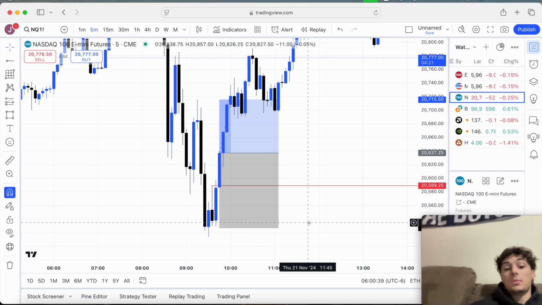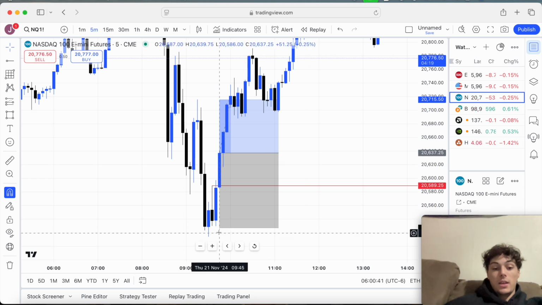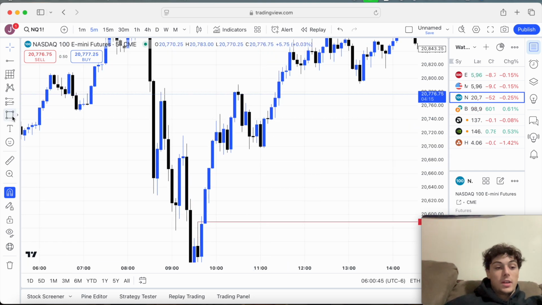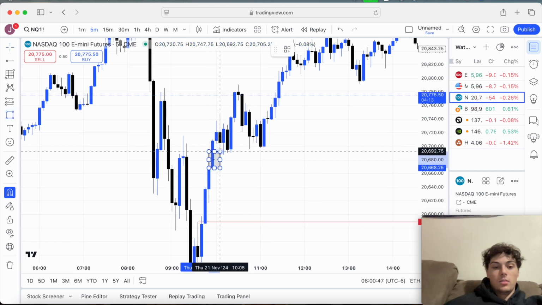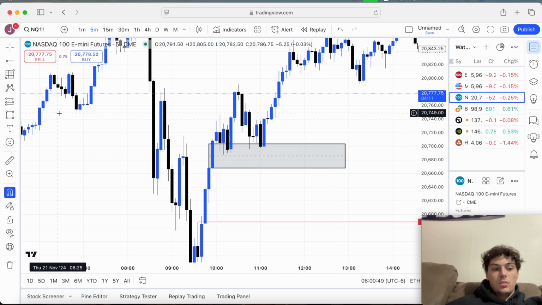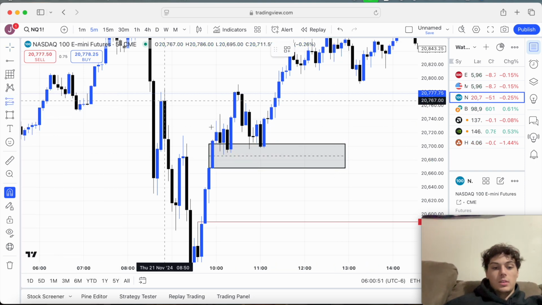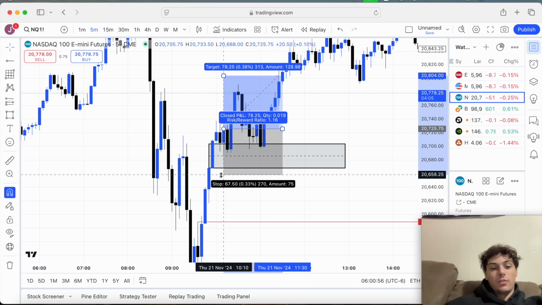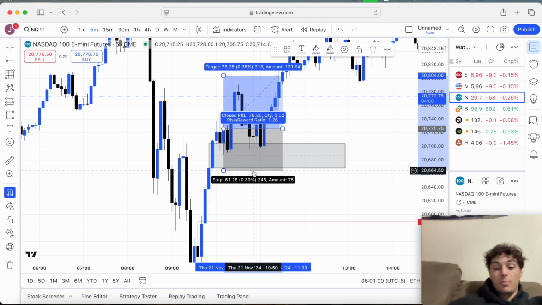You're gonna put your stops at the low right here, okay? But then say you enter right here as well. Say you enter right here off this respect of the fair value gap. You're gonna put your stops below this fair value gap because that's where your trade is gonna get invalidated.